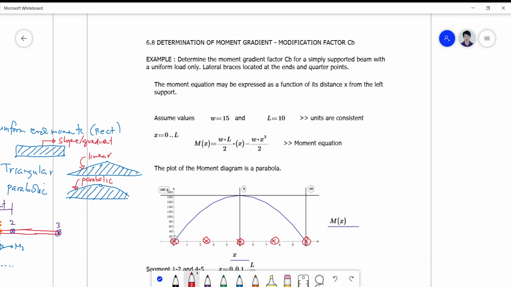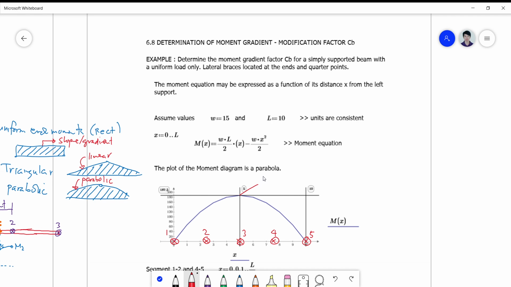Okay, mid, then I have it here, and also I have it here. So I have actually 1, 2, 3, 4, 5 brace points. Okay, so the maximum moment can be solved by simply using WL squared over 8.